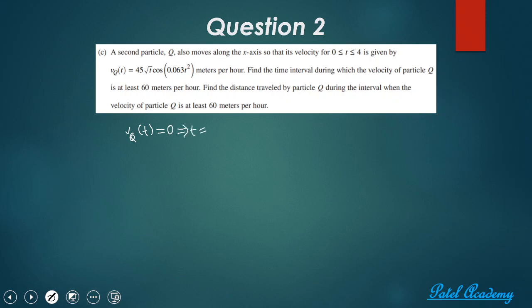The first one is 1.866. Our second one is 3.519.